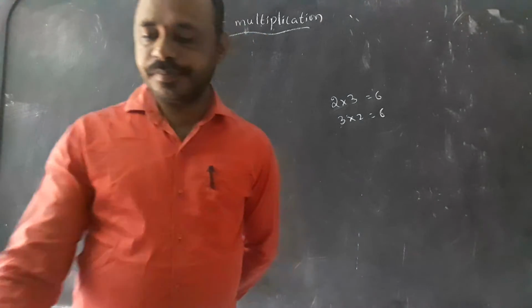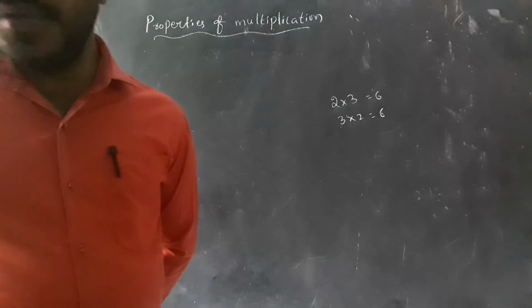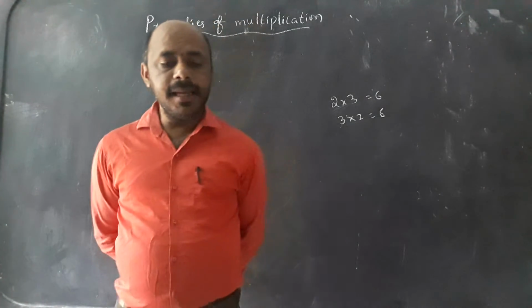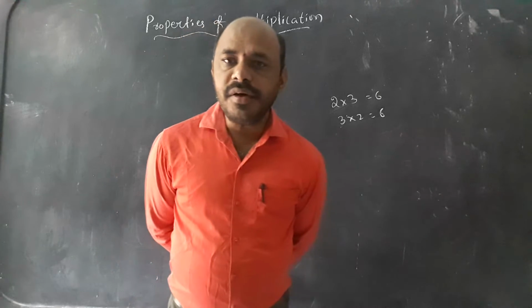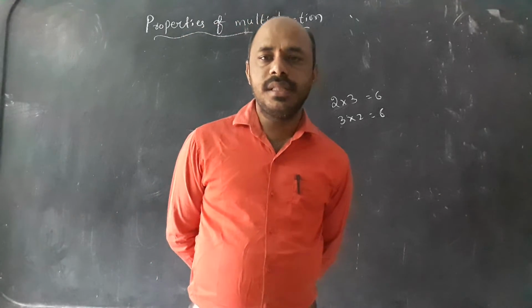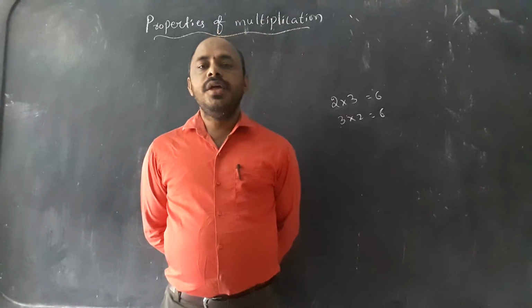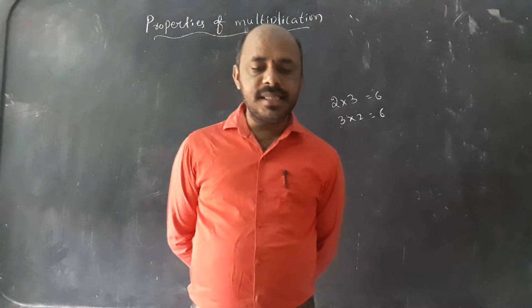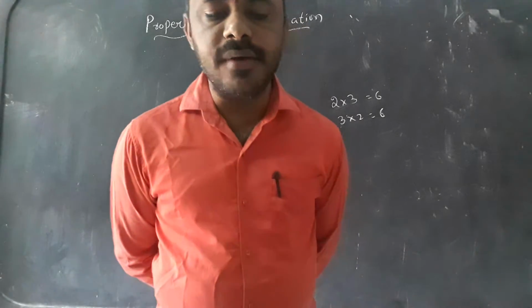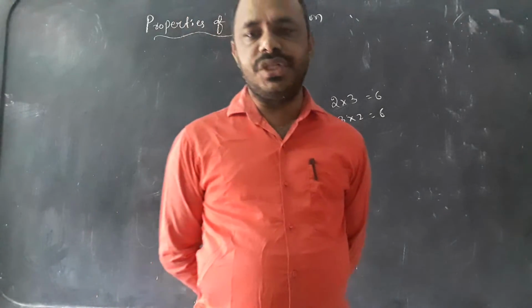Okay, next one, grouping property. Grouping property means what? See, the product of three numbers remains the same even when the grouping of the numbers is changed.